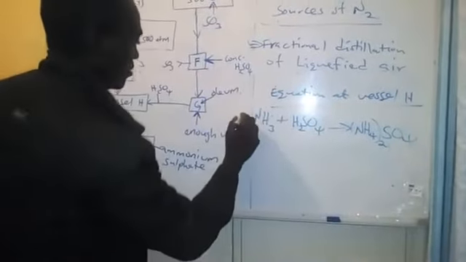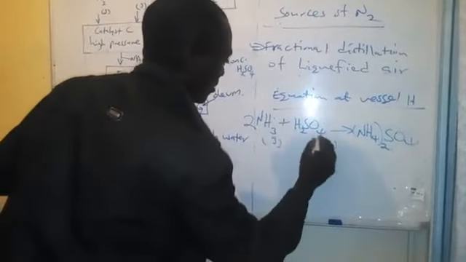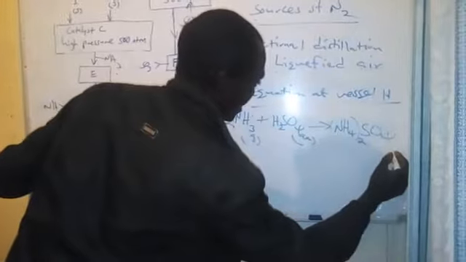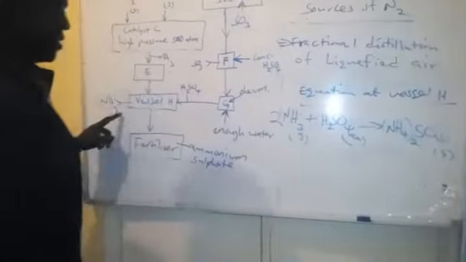This is the balancing figure. This is gas, this is aqueous, dilute, and this is a fertilizer, which is solid. I think it's balanced.